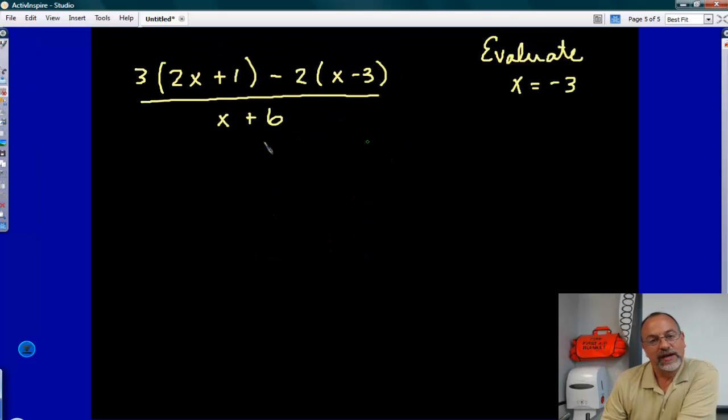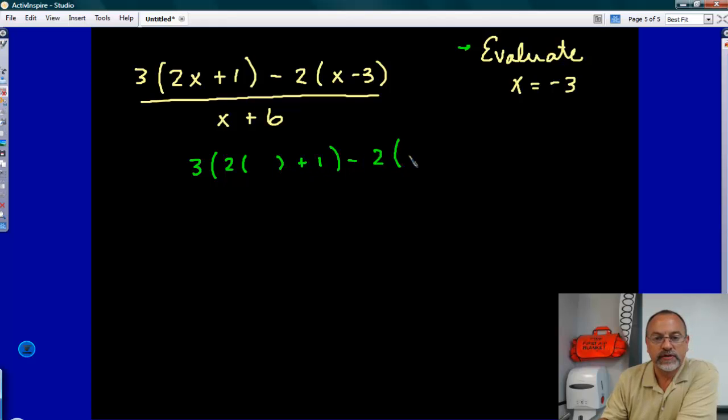Okay, and then finally here we have one more. It asks us to evaluate, and remember, evaluate means to substitute in a value and then simplify the expression. And then again, to protect ourselves, we're going to rewrite the expression, and for each letter, I'm going to put a parentheses.